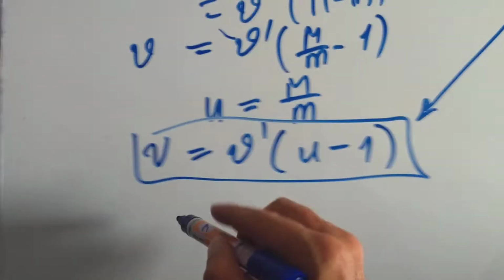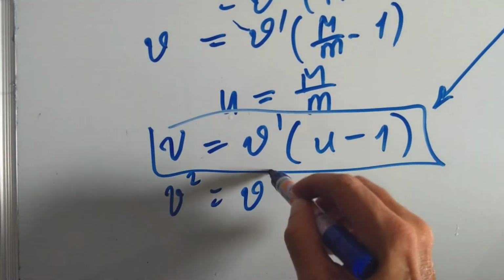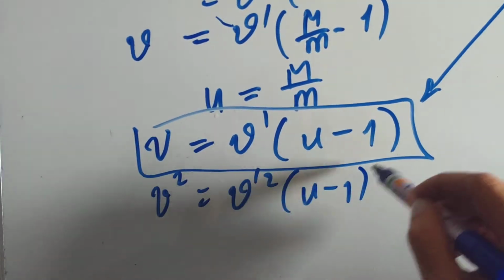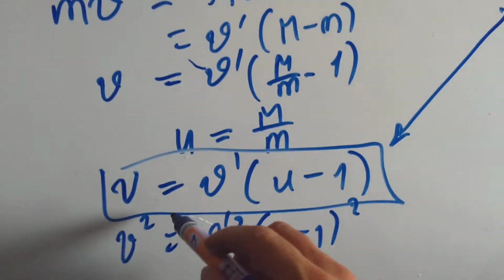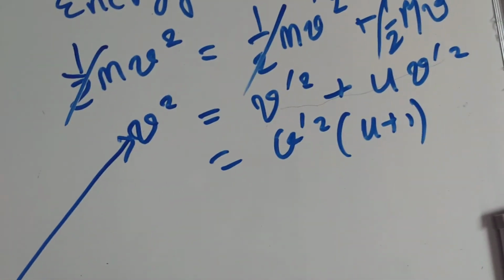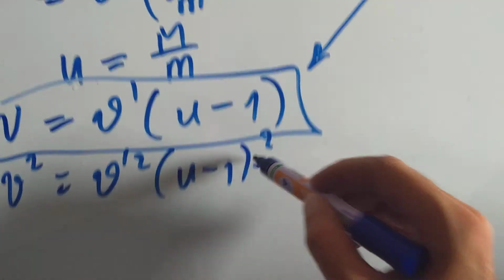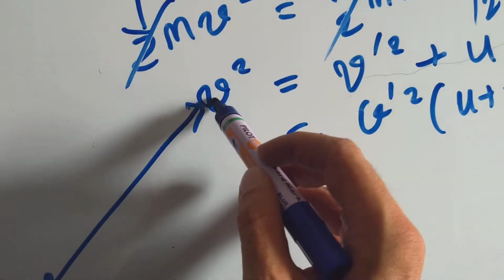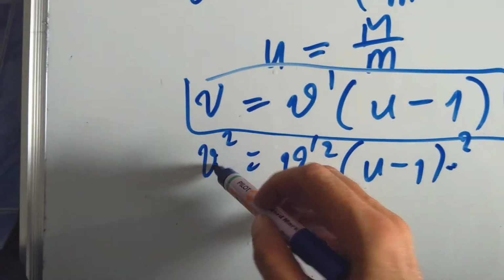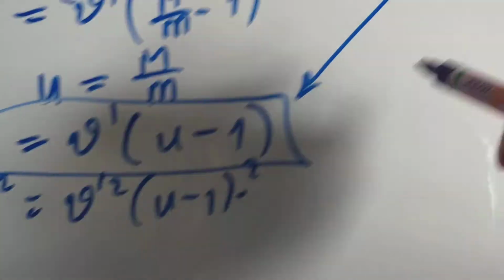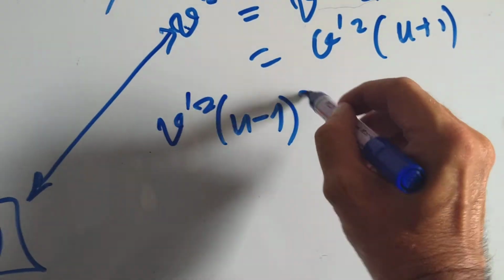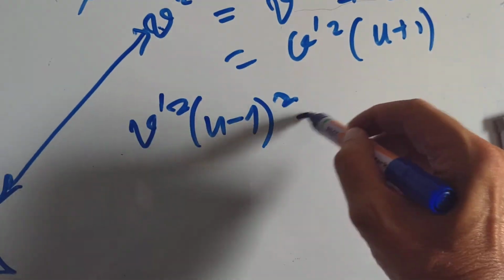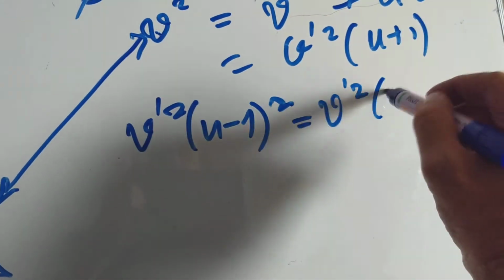So if I square this thing, v squared is v prime squared times u minus 1 squared. I can now equate these two, all right, like so. Equate this with this because they're equal to the same thing, v squared, see? So let's do that. Okay, let's remember how this goes. It's v prime squared u minus 1 squared equals v prime squared u plus 1.